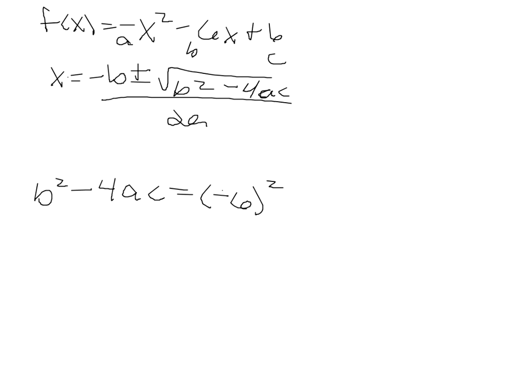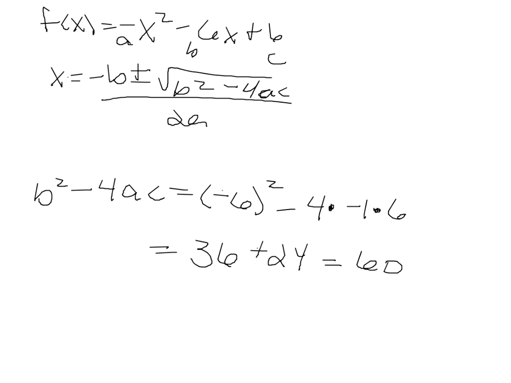So I get minus 6 in parentheses squared minus 4 times a, which is minus 1, times c, which is positive 6. So minus 6 squared is plus 36. 4 times minus 1 times 6 is minus 24, but there's already a minus there, so it comes out to be plus 24. Again, I can use my calculator if I'm not comfortable with this. I get 60.